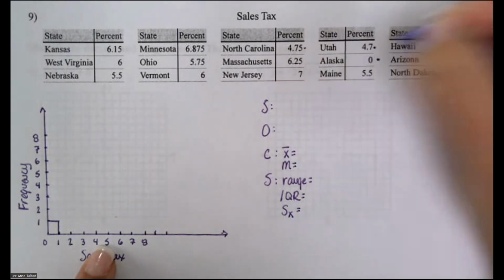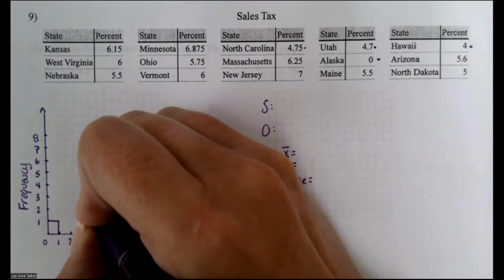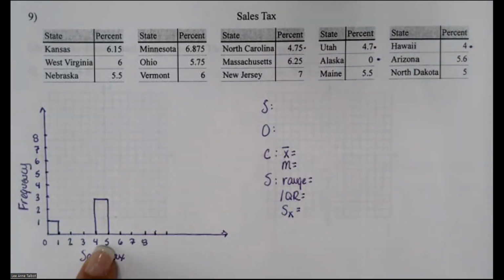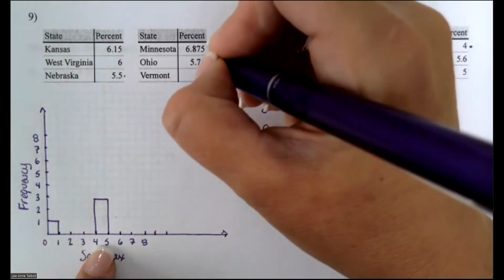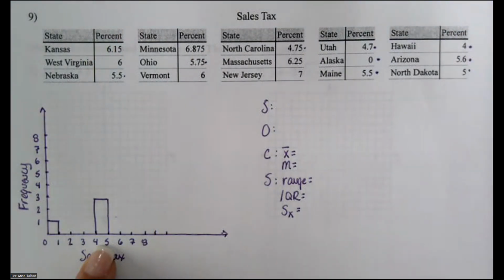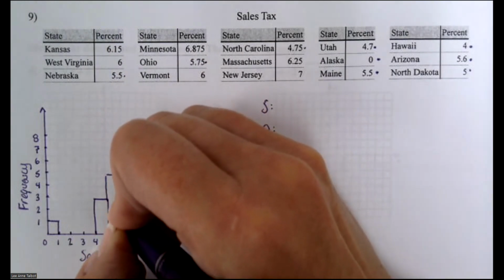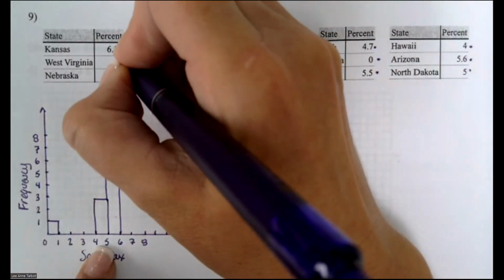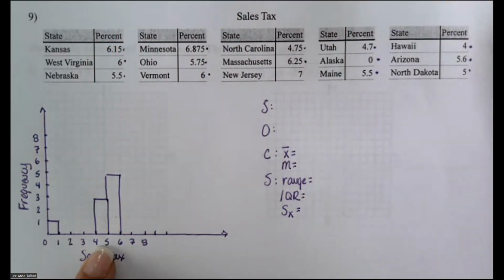1, 2, 3. 5 to 5.9 repeating? 1, 2, 3, 4, 5. 6 to 6.9 repeating? 5 again?